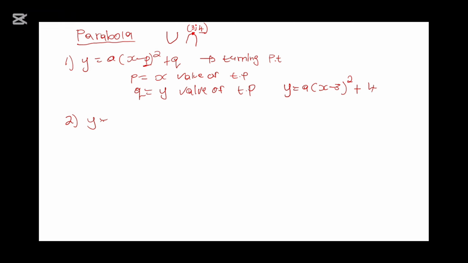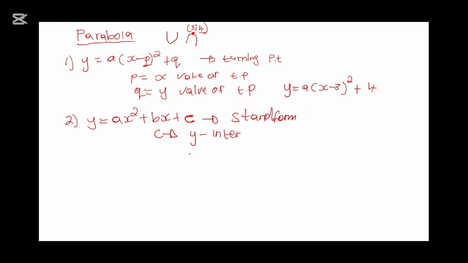Then when you solve it, you will have the standard form, where y is equal to ax squared plus bx plus c. So this one is in the form of standard form. And the most important part about the standard form is that our c is still our y-intercept.